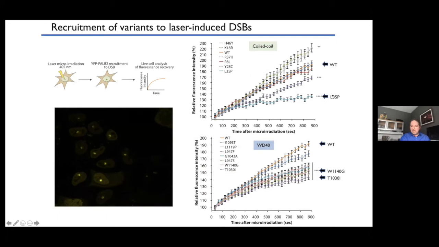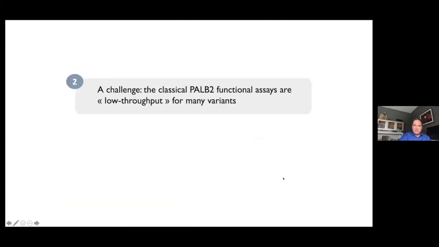And this is the L35P, which is in the coil region of PALB2. This mutant doesn't interact with BRCA1. It's a known pathogenic variant for PALB2, probably the only one. And also for the two other variants, we could also see a defect in recruitment to laser tracks.